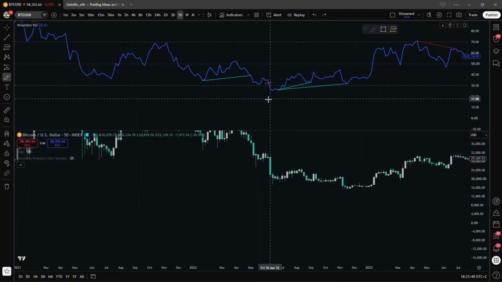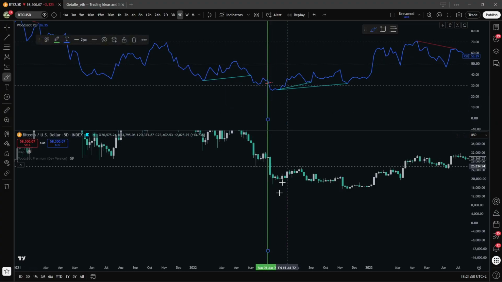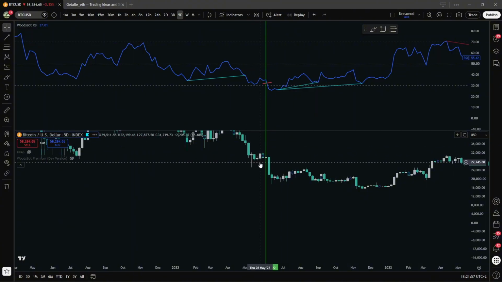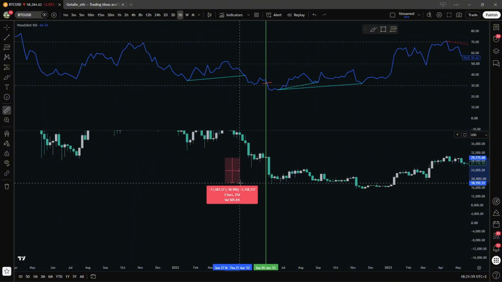And you can see what happens, right? This is the exact candle where the RSI is going into the oversold area, and this is where you get the biggest dumps, really. Look at this, you get almost a 50% move just from the RSI being oversold, you know.